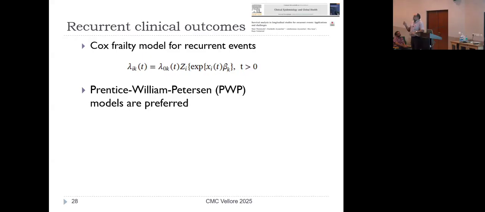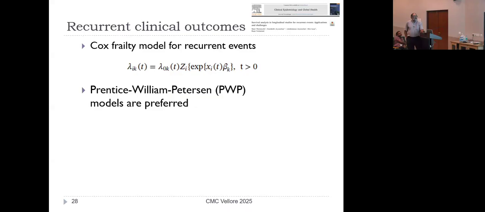But in a frailty model, each person has the same one for all of their recurrent events. So each recurrent event is now looked at differently. So the Cox frailty model is one alternative for recurrent events that can be used as well. And so now we have this random effect for person, the ith person, that goes into the model. This is the lambda naught for that event, and this is then the exponential function.